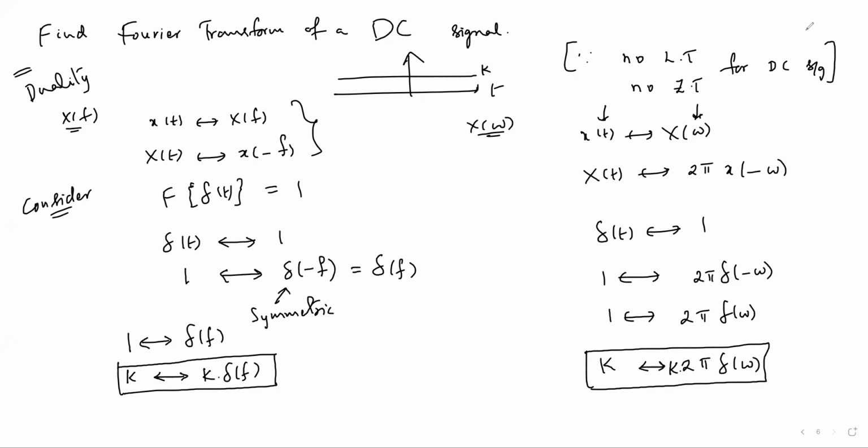I'm writing first the Fourier transform of the signum function. What we got: 2 by j omega. And now we got the Fourier transform of constant k is k del of f, and on this side k into 2 pi del of omega. Both.